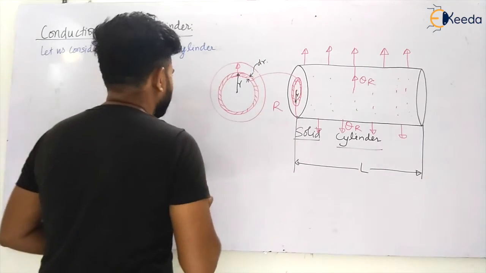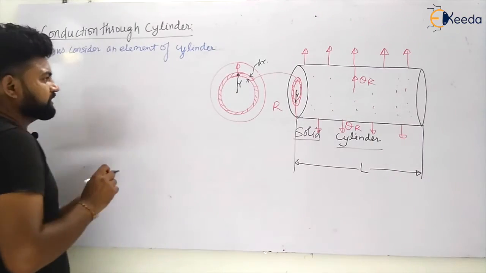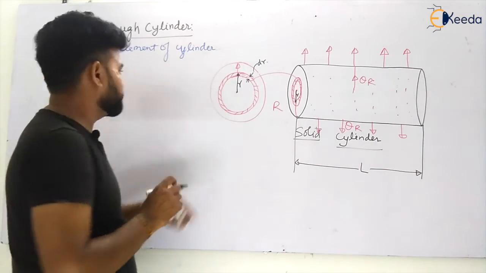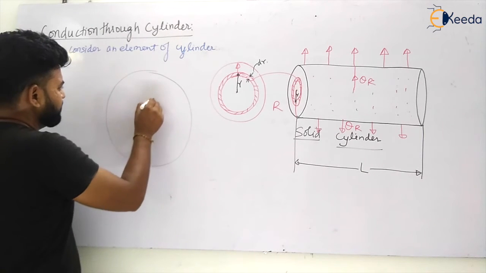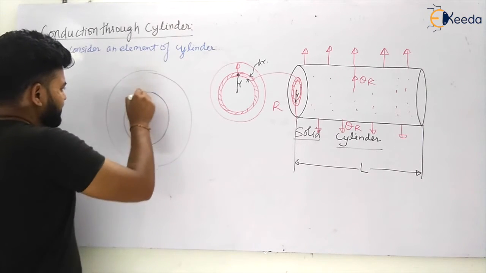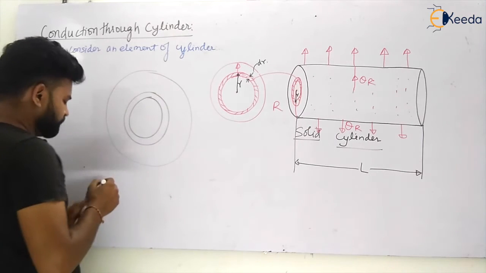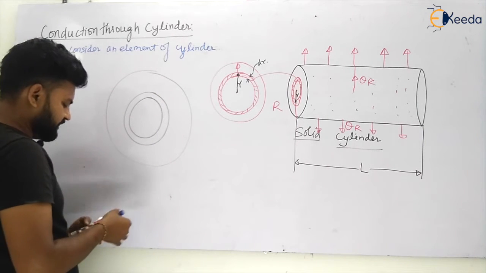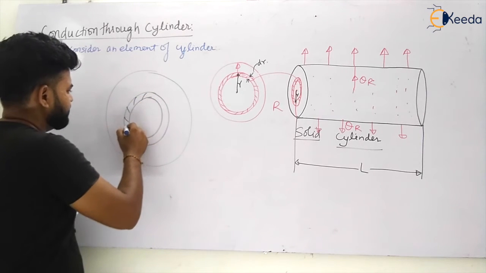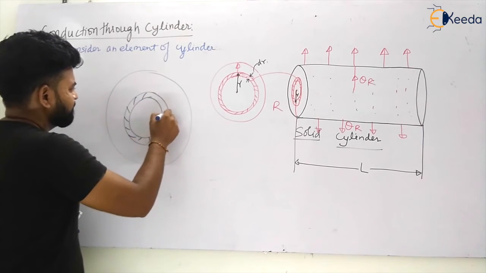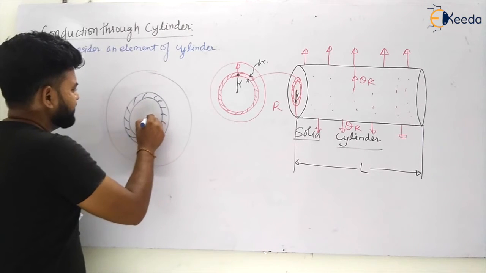So now, my dear students, how will the heat transfer from this element? There will be some heat transfer inside this element. So if this is your element, there will be a radial heat transfer.